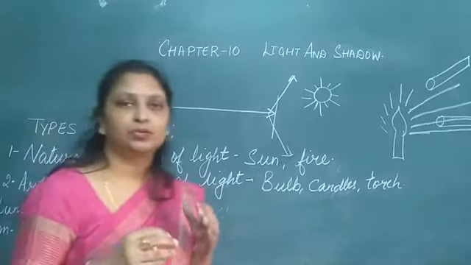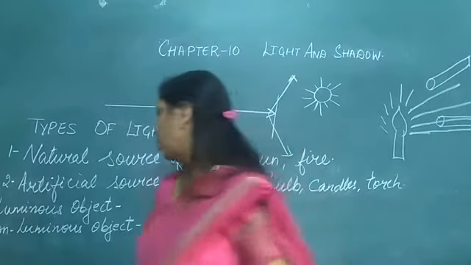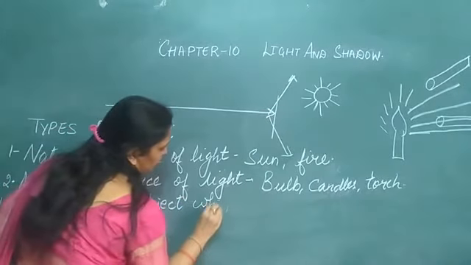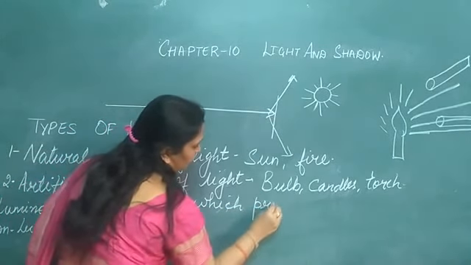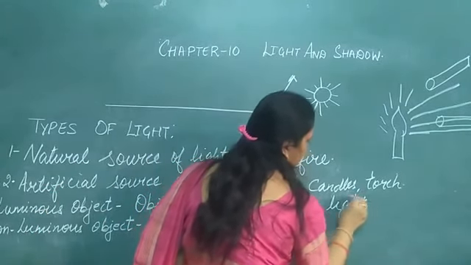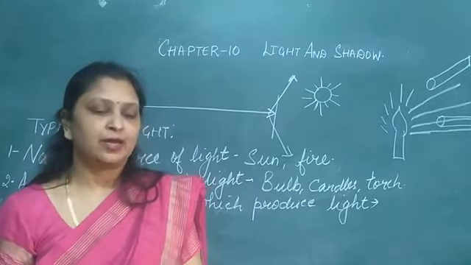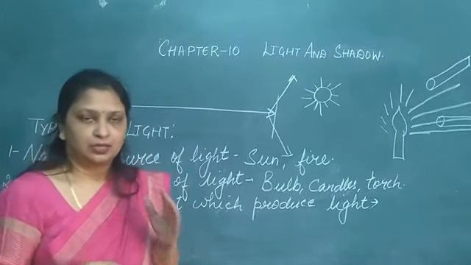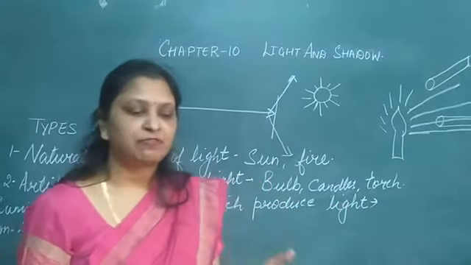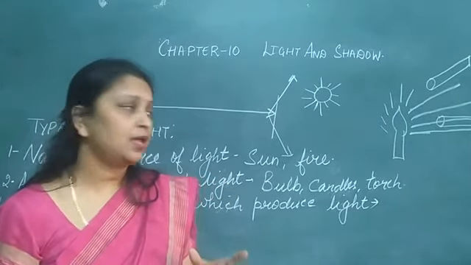Luminous objects are those objects which produce light. Because of these objects only we are able to see things, because they are producing light. When they produce light, the things on which the light goes reflect it back to our eyes and the images are formed, and that is why we are able to see things.